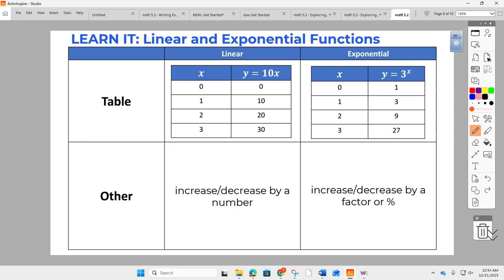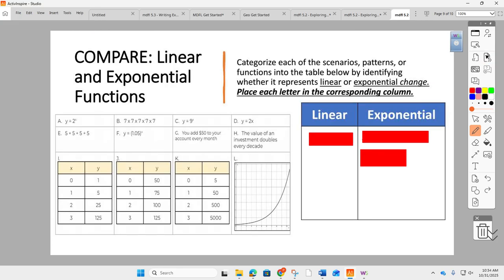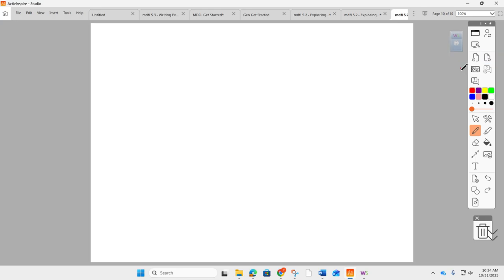All right, and the last box on there, you don't have this table. So you just make yourself a little T table that says linear and exponential. If you don't know what I mean, do this. All right, you're writing that on your notes. Kennedy, you with me? Writing that in your notes.